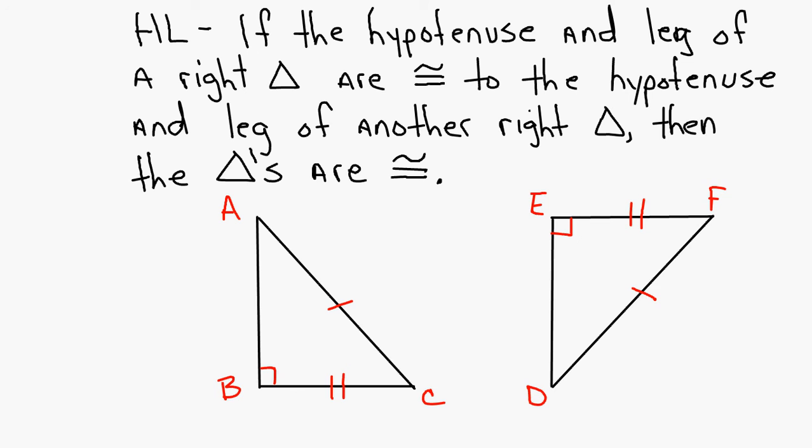If those two things are true, then you just list the hypotenuse that's congruent. In this case, AC is congruent to what? Okay, FD. So there's a hypotenuse that's congruent. What legs are congruent?